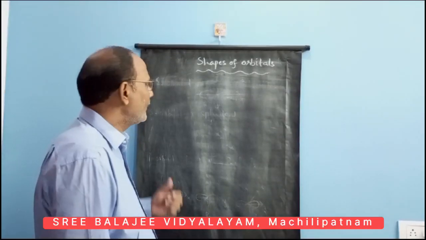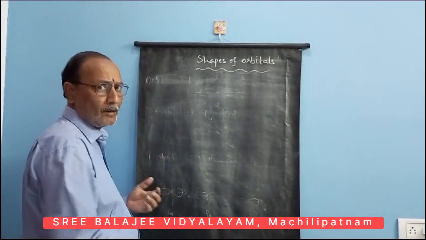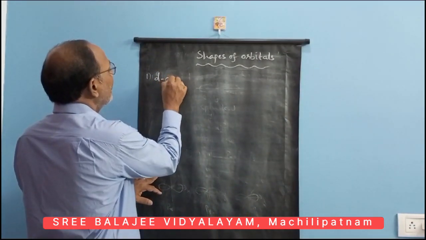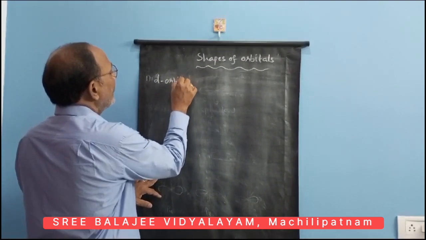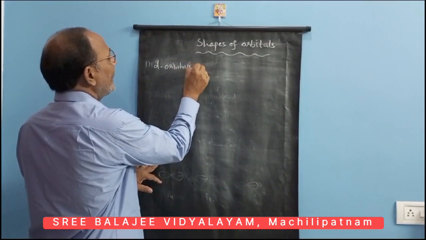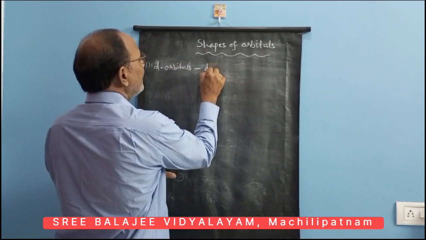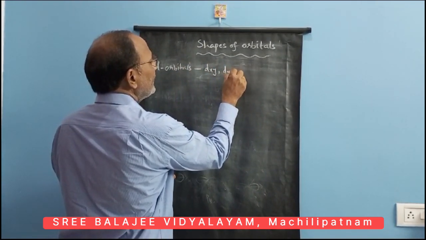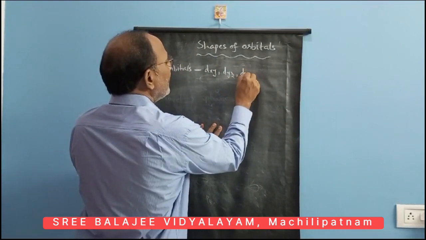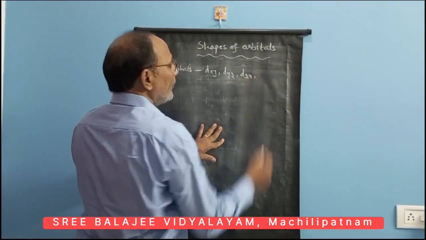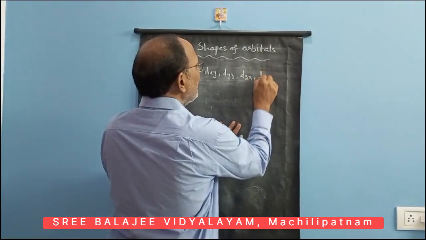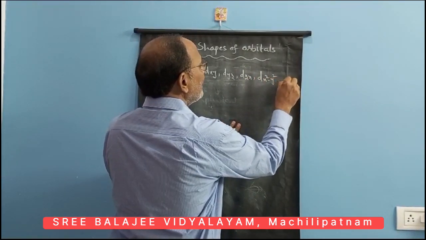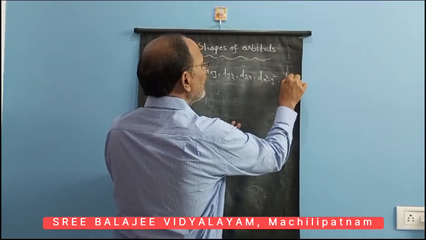Now we go for the shapes of the d orbitals. They are designated as dxy, dyz, dzx, dx square minus y square, and dz square.